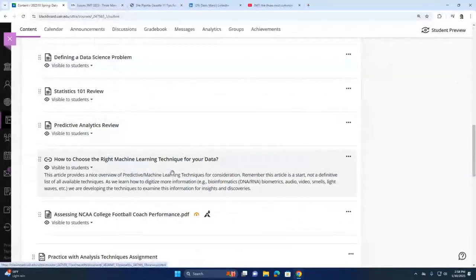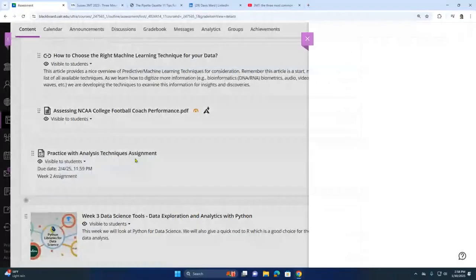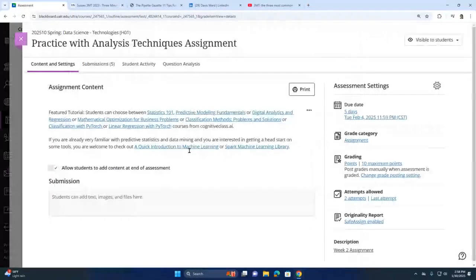And then the main assignment for this week is picking one of these tutorials. I'll also put this into the announcement. Sometimes I'll have tutorials that cross over assignments, and that's very common.